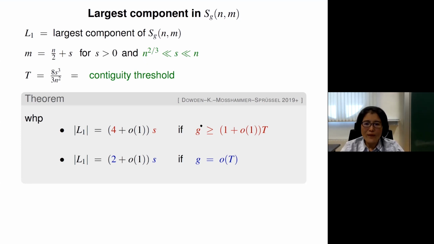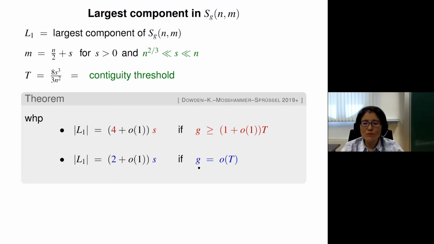Namely, when the genus is slightly larger than the contiguity threshold, then we know that GNM and SGNM are contiguous. Therefore, the giant component behaves like in the Erdős-Rényi random graph. In particular, the order L1 is with high probability 4 times S. This is just a consequence of the contiguity. Hard work is in the second part.